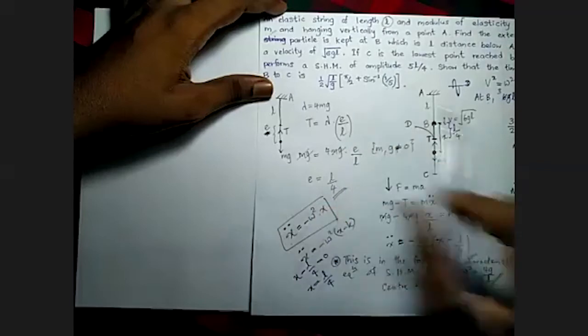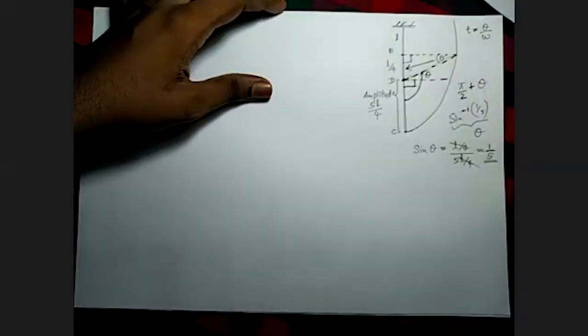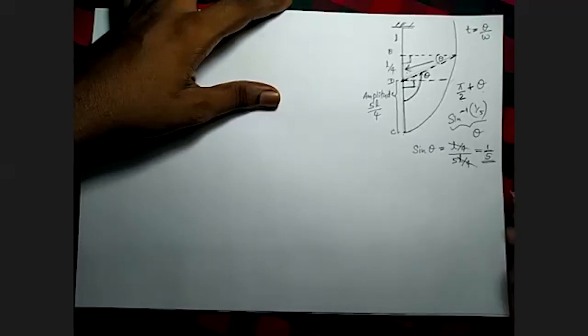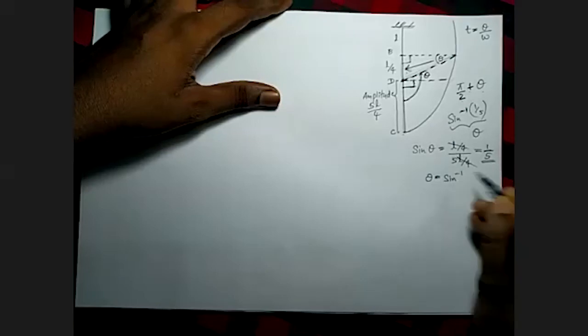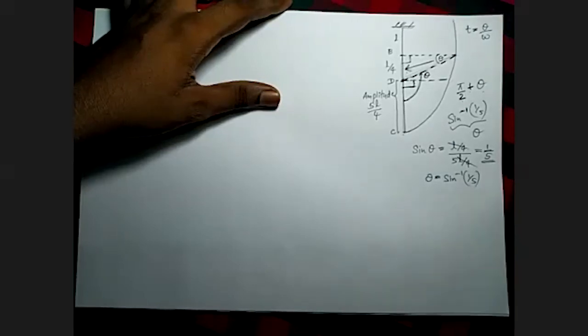Sin inverse 1 over 5. According to the expression we are marking 90 and theta, everything. You should observe the given expression, the one you have to show. So theta is sin inverse 1 over 5.